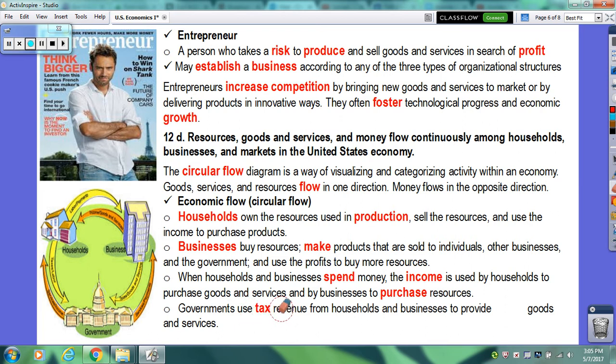Governments use tax revenue from households and businesses to provide public goods and services. So I'm pretty sure the government takes in about $3 trillion a year through tax revenue, and uses that to finance all of its programs and departments and agencies and all the different goods and services it provides for Americans.